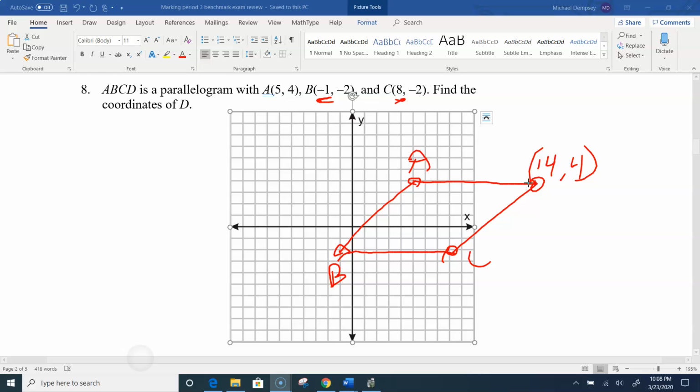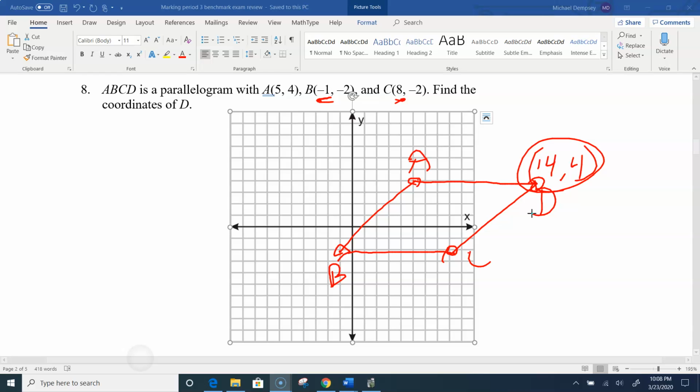We could plot the point over there. But we could also have a parallelogram if we move our point to the left, right? We could still have A, B, C, D that way. But this is fine for our intents and purposes. So we want to go A to B to C to D. Okay, so that point would be at (14, 4).